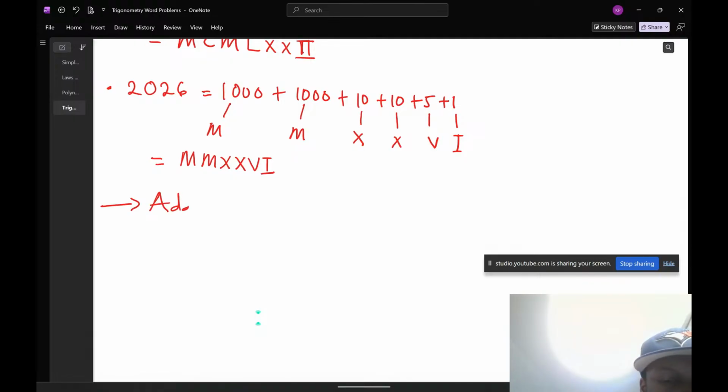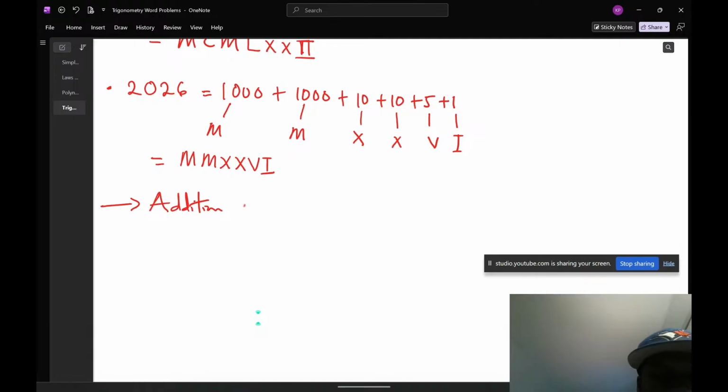Addition and subtraction of Roman numerals.